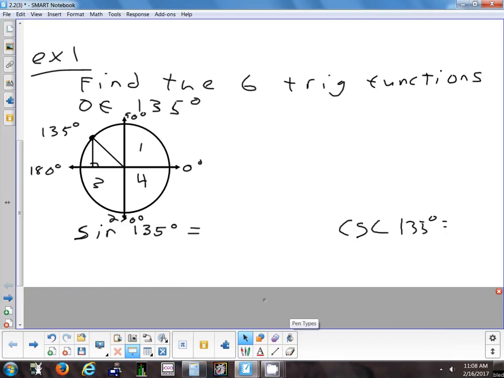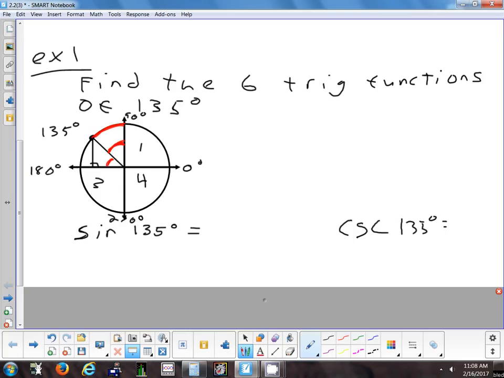All right, so let's take a look and see if this is the 45, 45, 90 or the 30, 60, 90. What do you have to add to 90 to get to 135? You have to add 45. So that means this part out here, which is the same as this part right here, that part is 45. So what is this part on the inside?